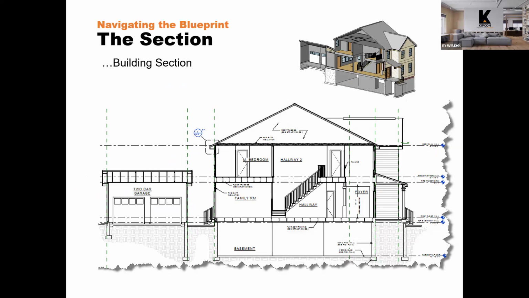It shows the heights of the building, but it shows other interior information as well. In this case, it shows the floor joists and the materials for those. It's showing the stairs, showing that there's an attic space. It's showing that the attic is insulated. You'll notice that there's a call out here in the rake section. This probably refers to a detail sheet.